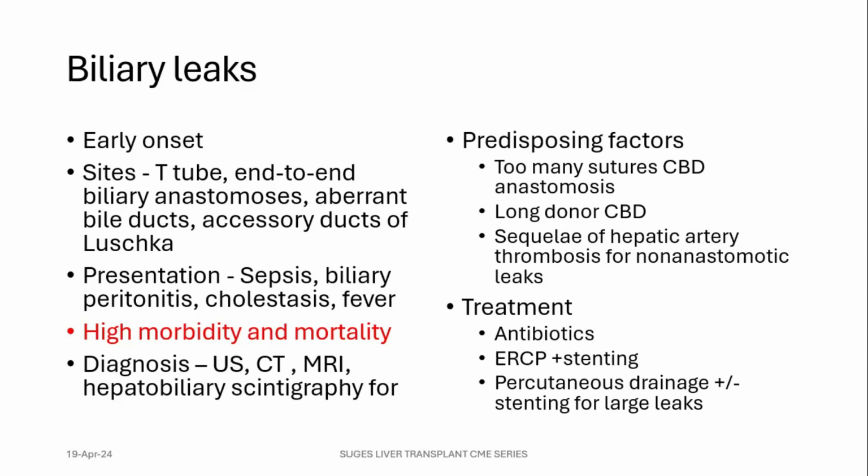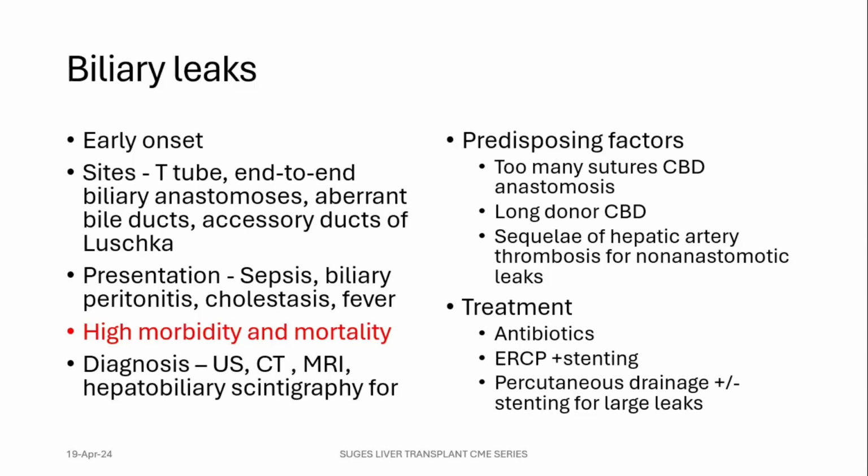The patients will present with biliary peritonitis, they may present with sepsis, some may present with features of cholestasis and fever, if there's an infection coming in. It carries a high morbidity and mortality for large leaks, but you can also have small leaks.